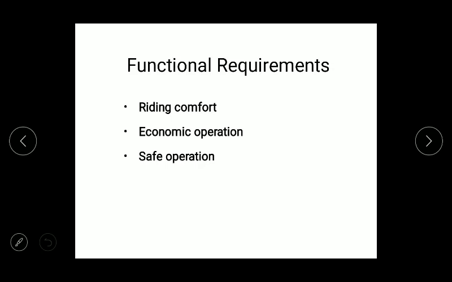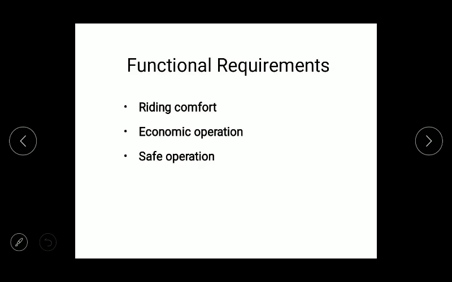Next, the second functional requirement, economic operation. The unevenness or undulation causes vertical oscillations of the vehicles, resulting in poor riding quality. What does this undulation lead to? The undulation increases the vehicle operation cost, so indirectly it affects the economic operation of the vehicle.